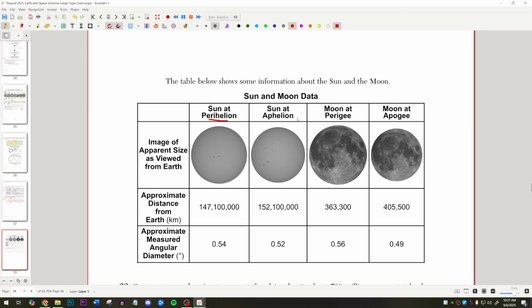All right, sun and moon. Sun at perihelion, sun at aphelion, moon at perigee, moon at apogee. Perihelion is the closest the Earth is to the sun, and this is the furthest. This is the closest the moon is to the Earth, and this is the furthest.